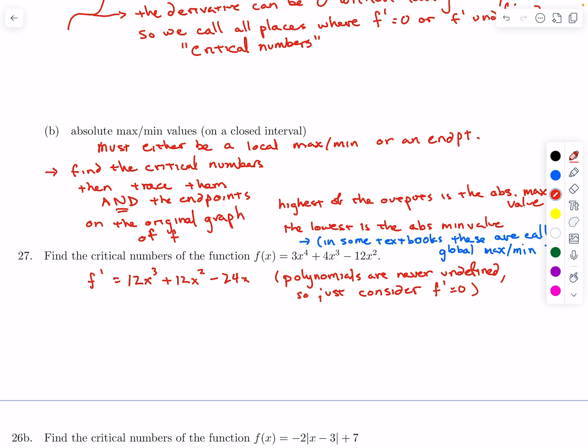Okay, factor out 12 and an x, and then continue to factor the quadratic.